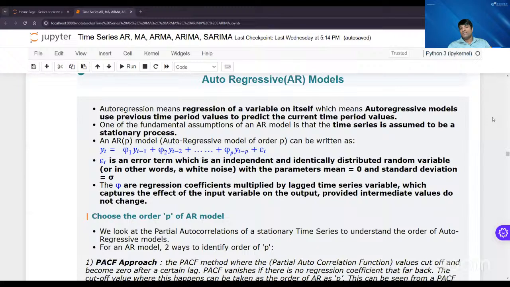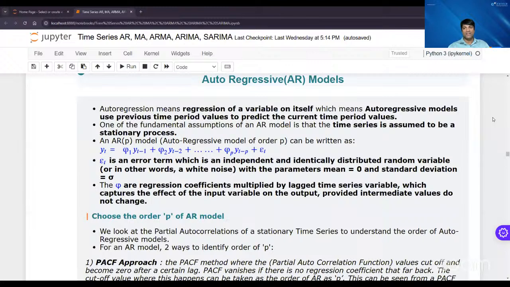The current value can be expressed statistically. For example, if you're talking about product sales, say I want to sell a product today.